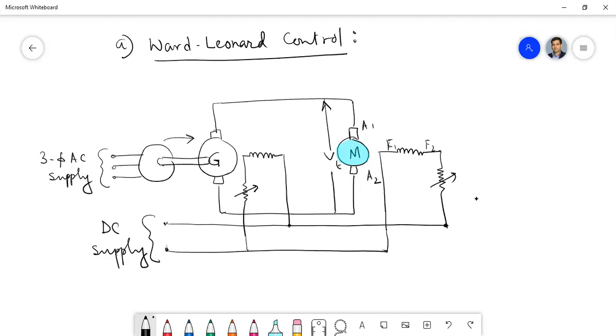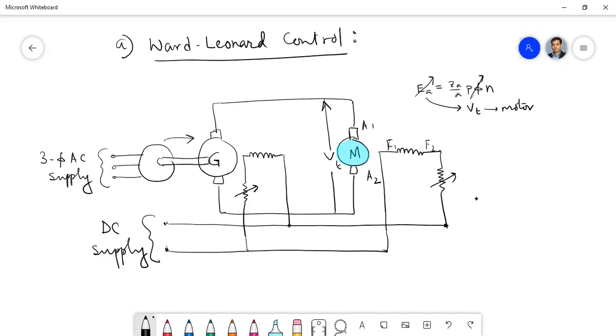Now you know that the generator voltage also depends on the flux. Isn't it? So if we vary the flux, this voltage will vary. So this voltage is acting basically as a VT for the motor.